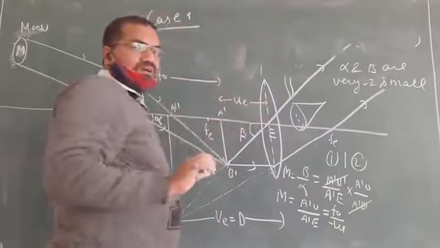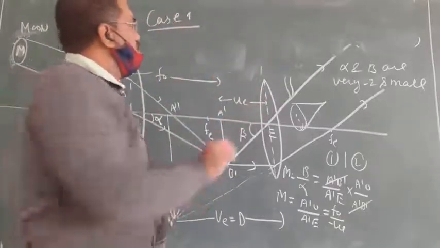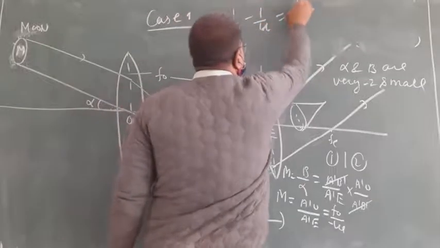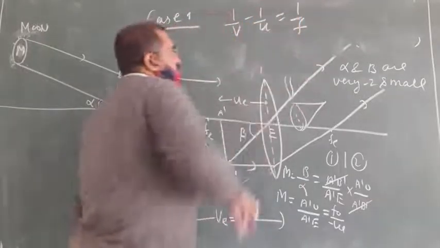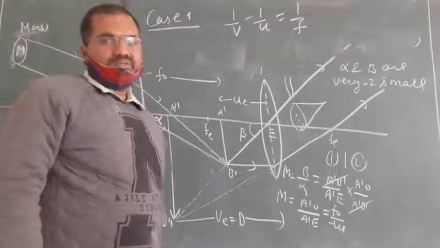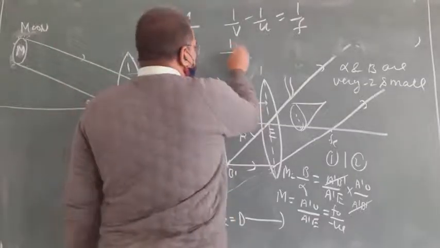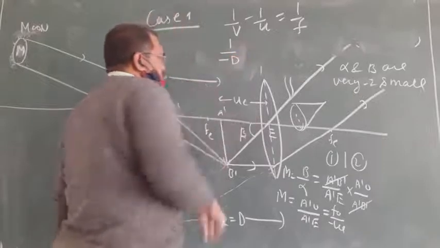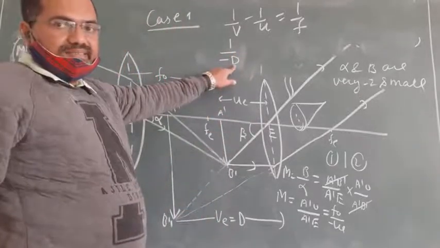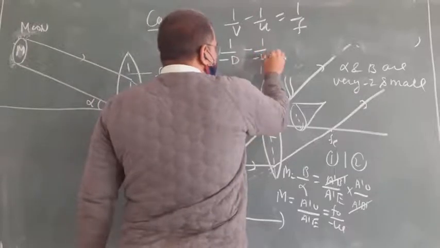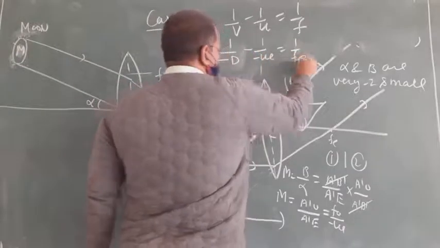Applying the lens formula on the eye lens: 1 by V minus 1 by U equals 1 by F. This is the position of the least distance of distinct vision, so 1 by minus D minus 1 by minus UE equals 1 by FE.